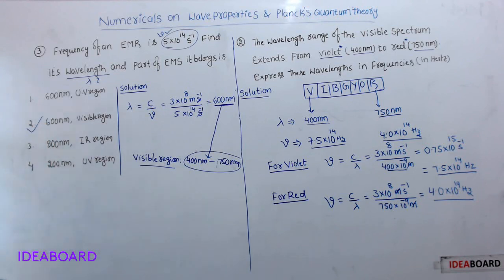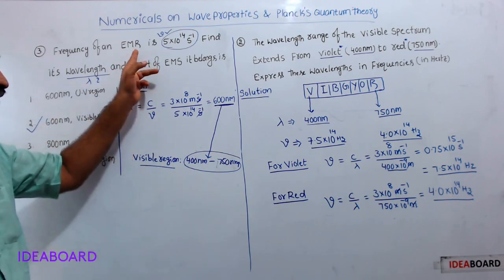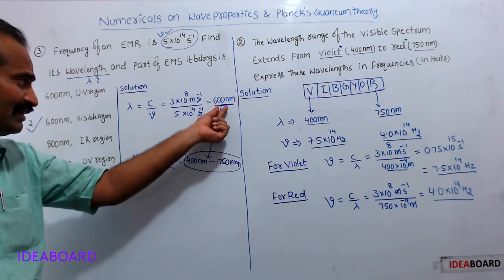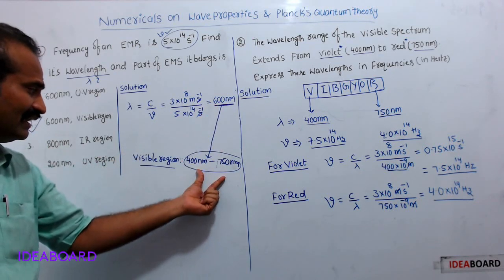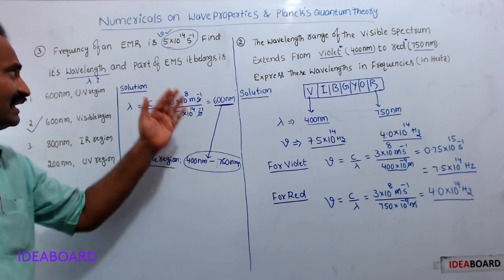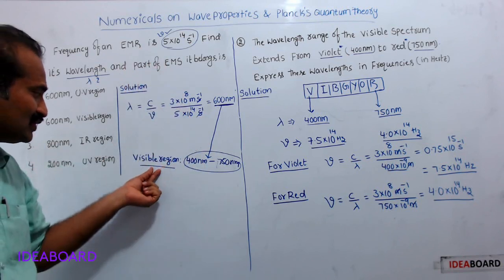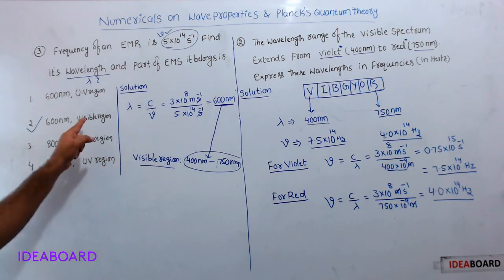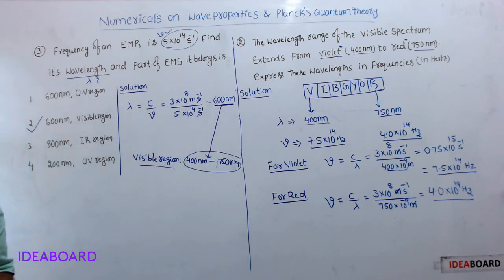Therefore the second option is correct. The wavelength is 600 nanometer, it lies between these two values, hence it belongs to the visible region. Hence, the second option is correct.